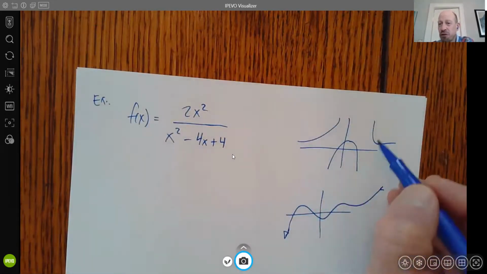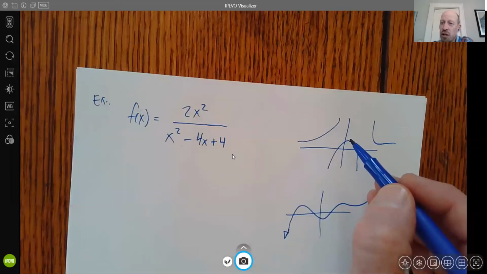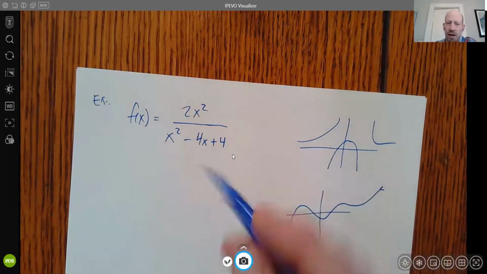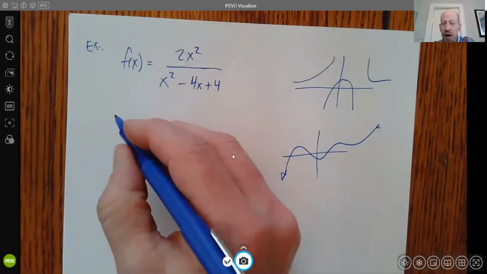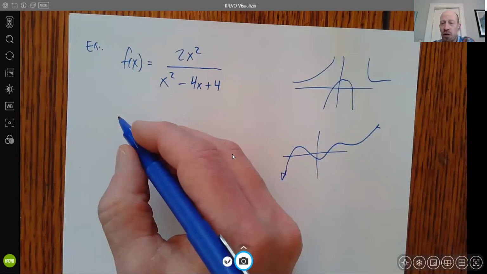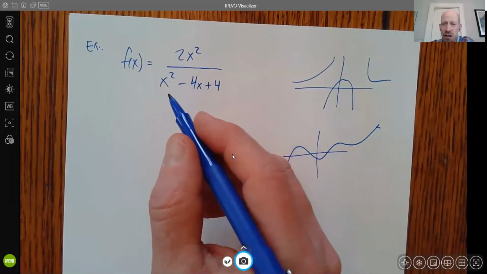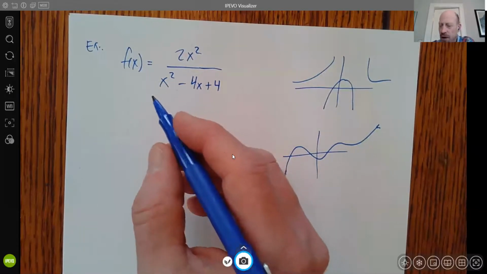This is a rational function. So I'm really looking for some different things when I have a rational function like this. And as we talked about before, I want to start by factoring. I can find a lot of these features in either order. It doesn't actually matter what order I do stuff in.